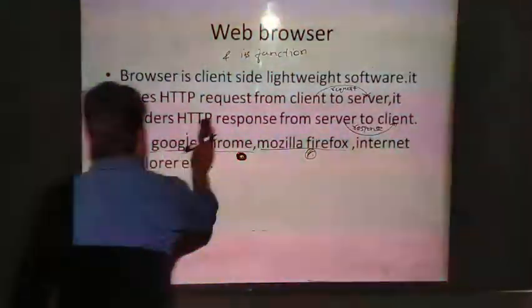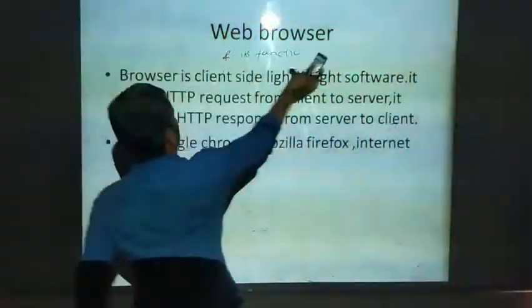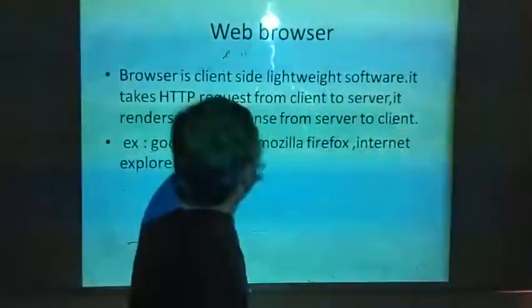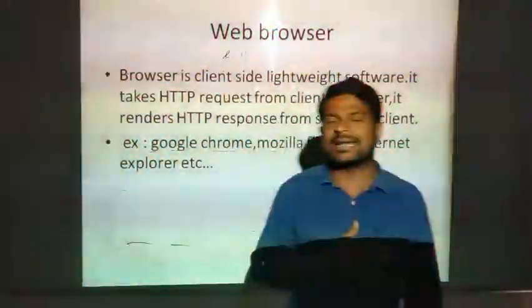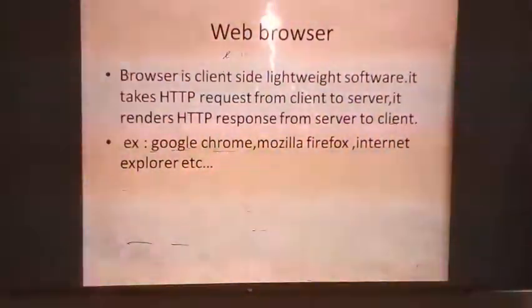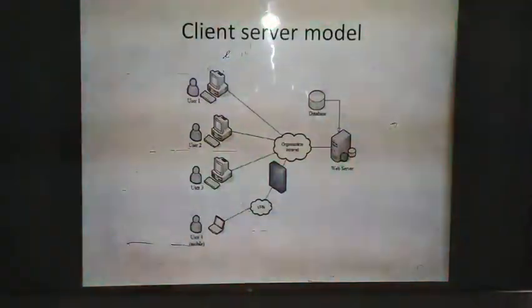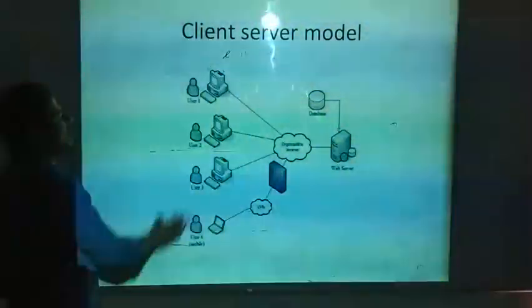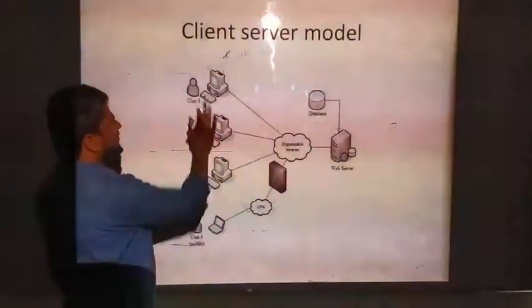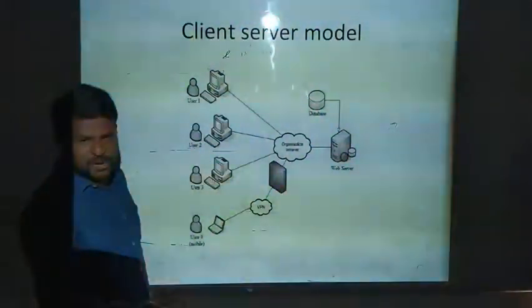Now, to understand the functionality of web browser and client and server, let us see a client server model. It is a basic client server model. If you have a look, these all are clients, means user 1, this is the first computer, this is the second computer, this is the third computer, and another is a mobile phone.